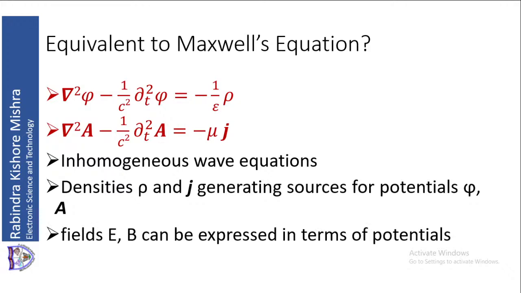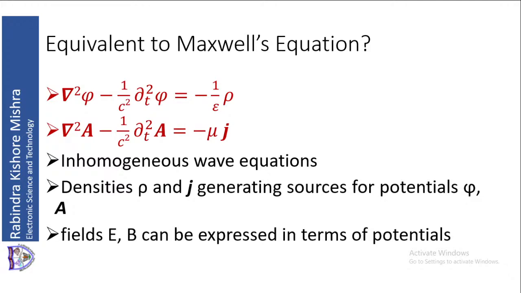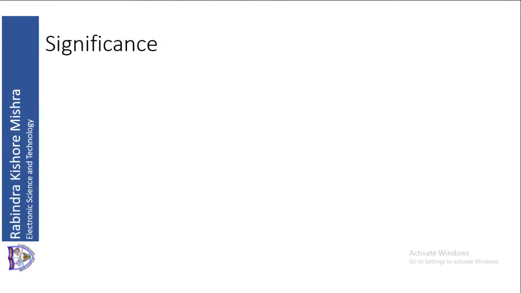The densities are rho and J. Rho is the charge density. J is the current density. These are the sources. They generate the potentials phi and A, and from the potentials phi and A we get E and B. Therefore, rho and J are the sources for E and B.